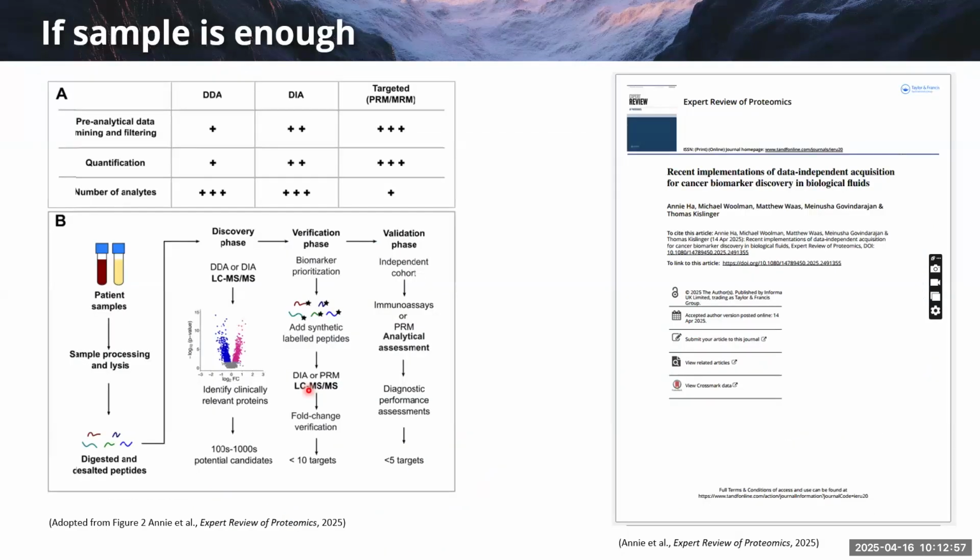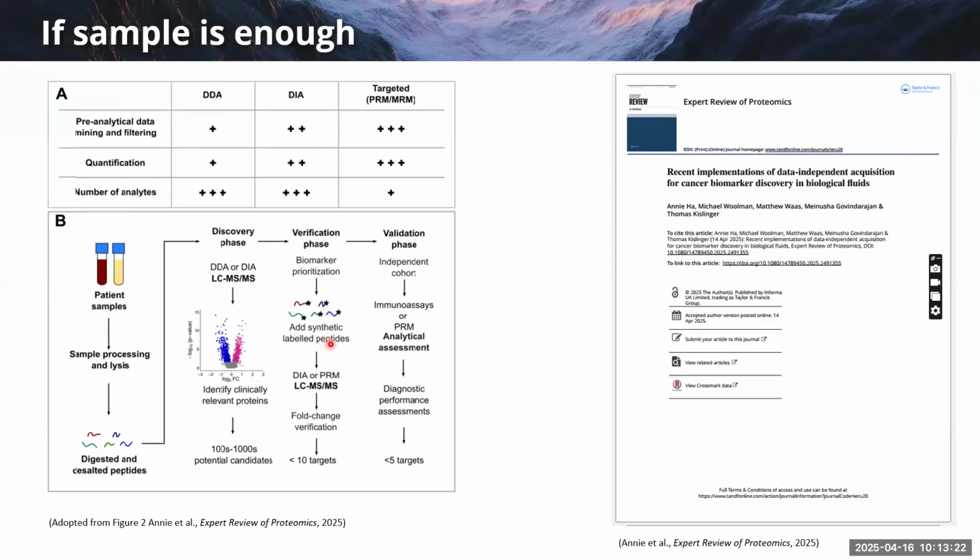And if the sample is enough, I think everyone will like this workflow. Starting from discovery, we find some biomarkers using a general proteomics method. Okay, we find the potential candidates, and then we go into the validation step.